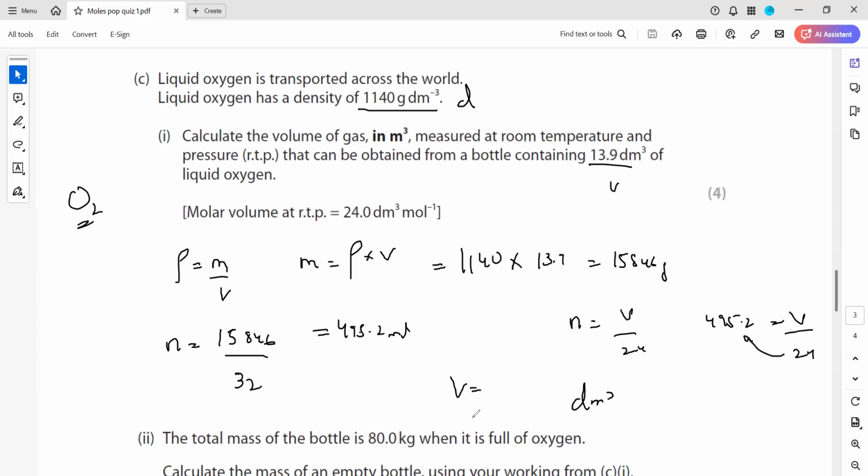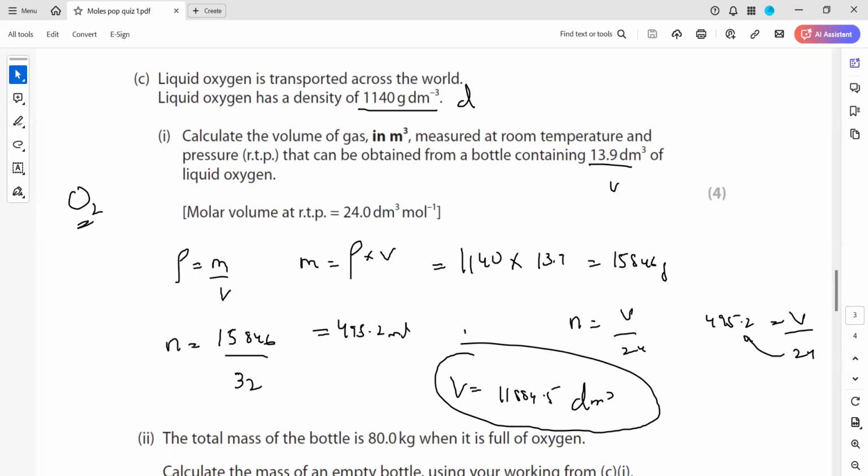So what's the answer for the volume in dm cube? 11,884.5 decimeter cube. So that's the volume of oxygen. But that is in dm cube. The question is in meter cube. How to convert the dm cube into meter cube?